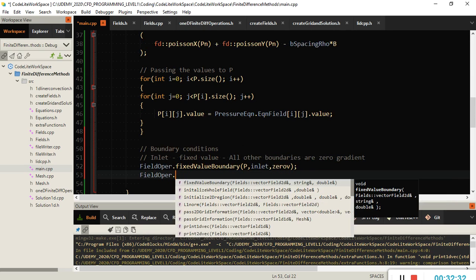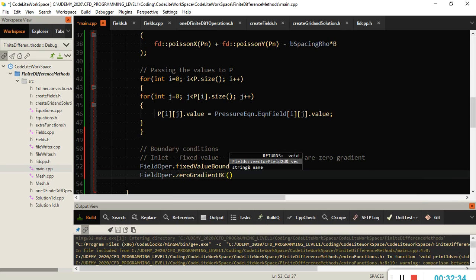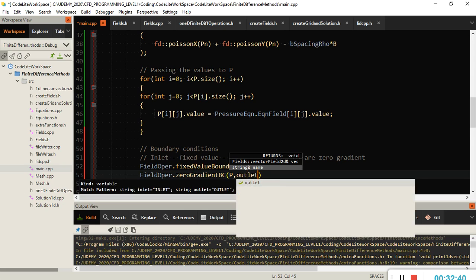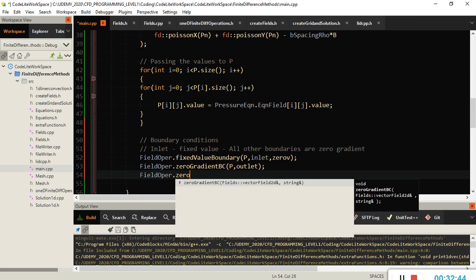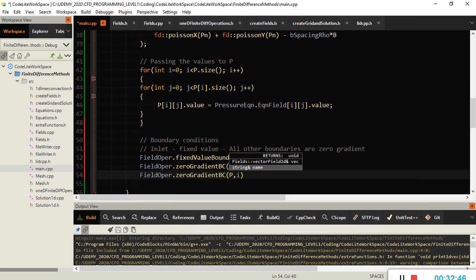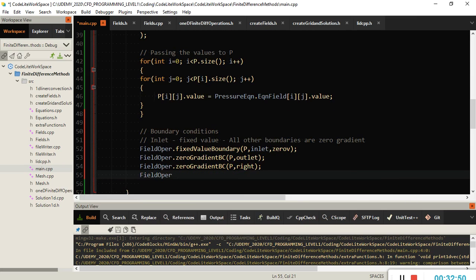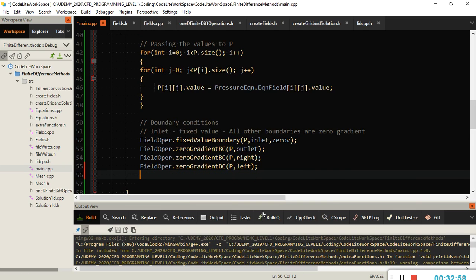Field upper dot zero gradient boundary conditions for p outlet, field upper dot zero gradient boundary conditions for p right, and field upper dot zero gradient boundary conditions for p left, and we are done there.